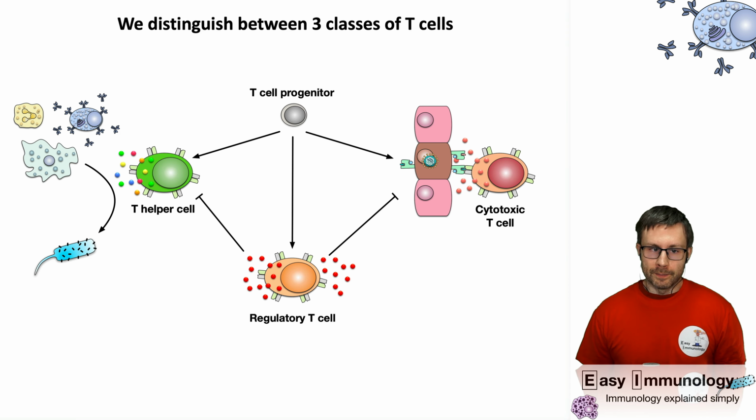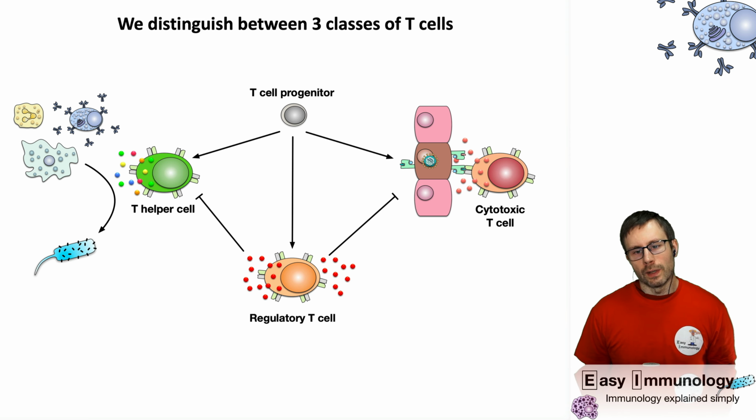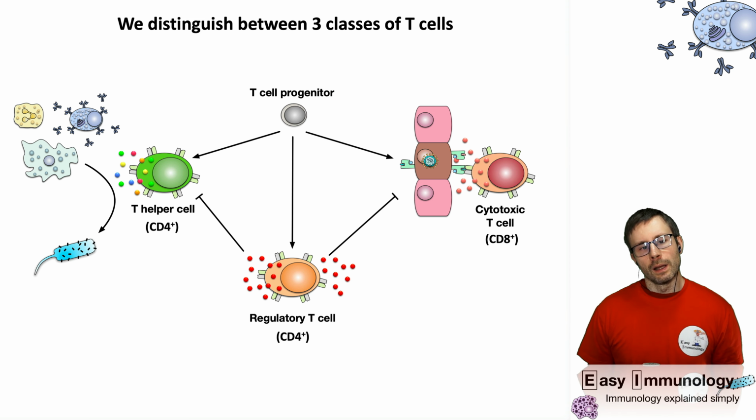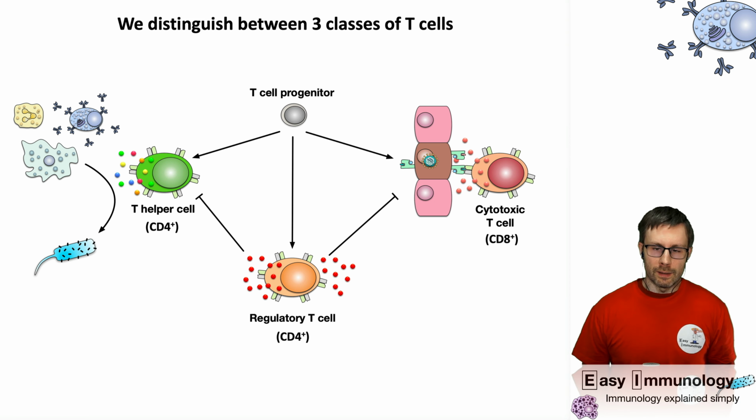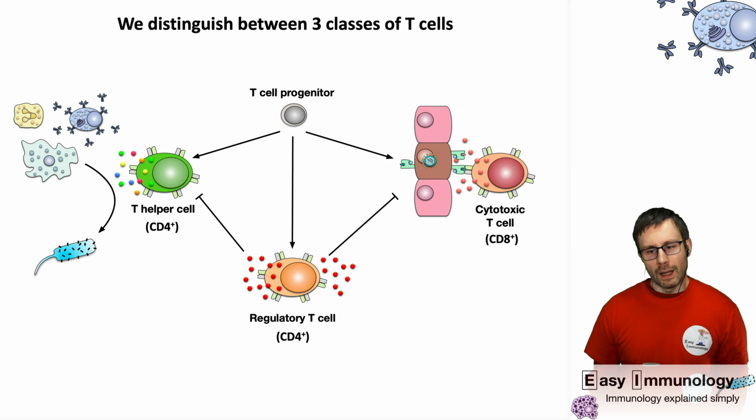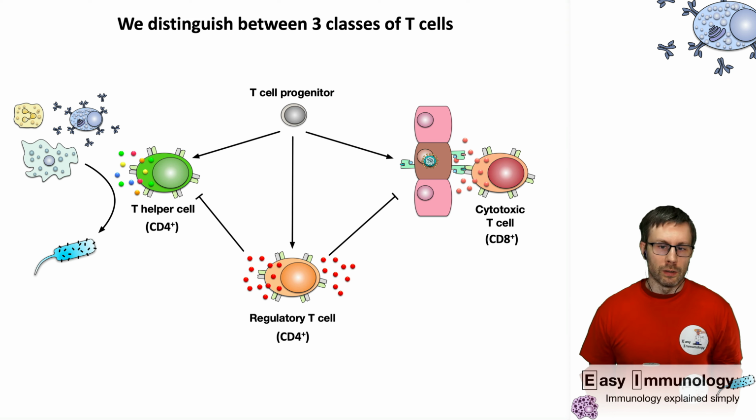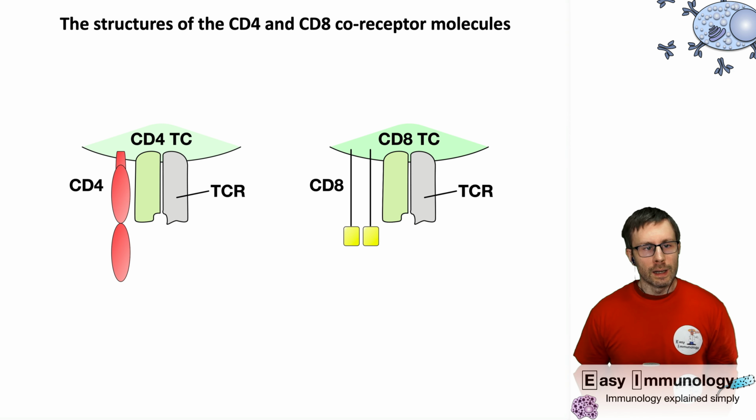So, as I said before, we have 3 different types of T cells, and they are also characterized by their expression of either CD4 or CD8. The T helper cells are CD4 positive, the cytotoxic T cells are CD8 positive, and the regulatory T cells in the end are a subtype of the T helper cells. So what are CD4 and CD8?